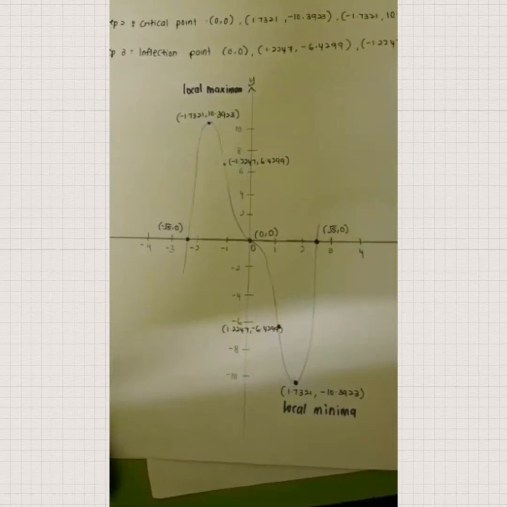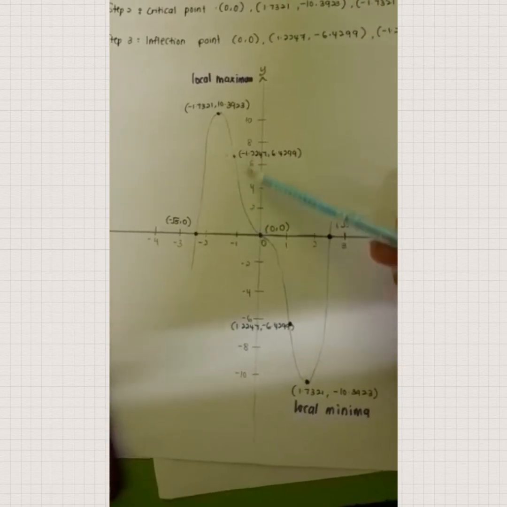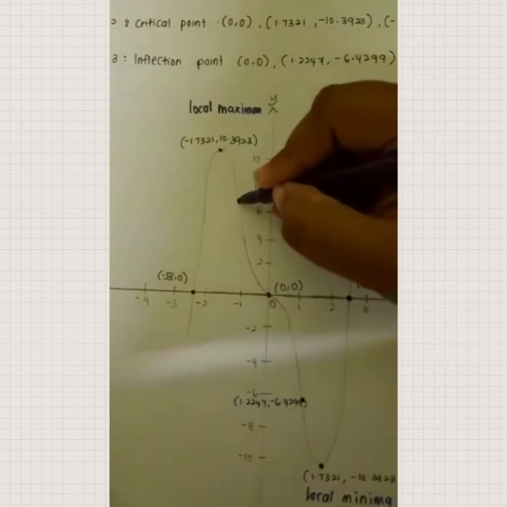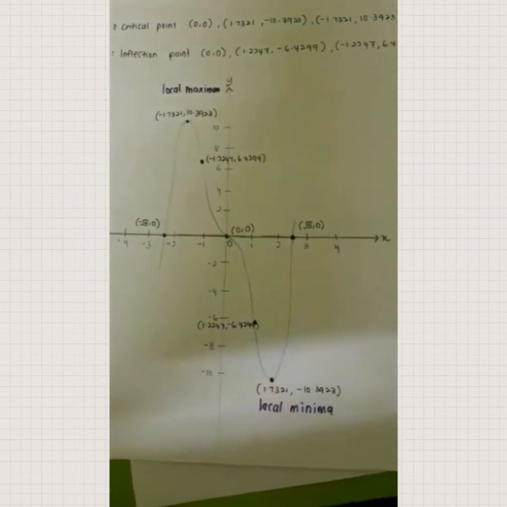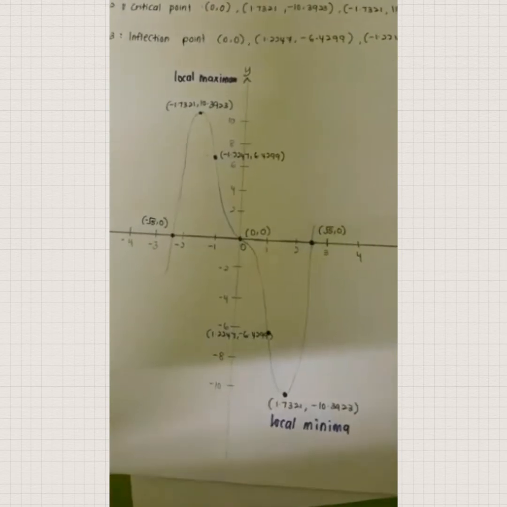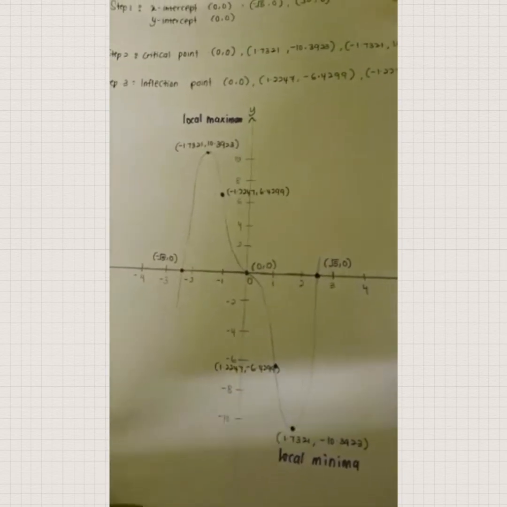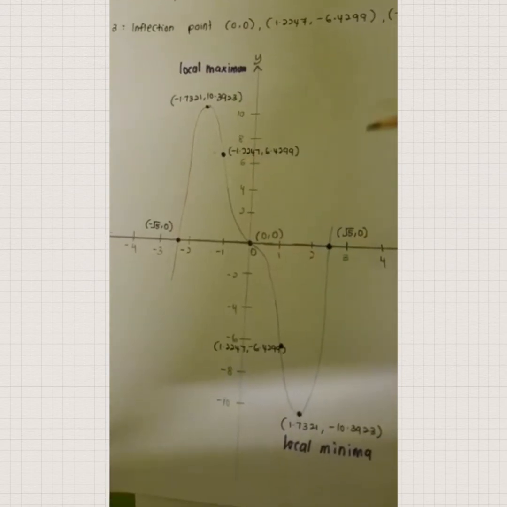And negative 1.2247 somewhere here, and positive 6.4299. So this is my plot. I have finished plotting my graph. Because they asked us to sketch the graph, I have sketched my graph.